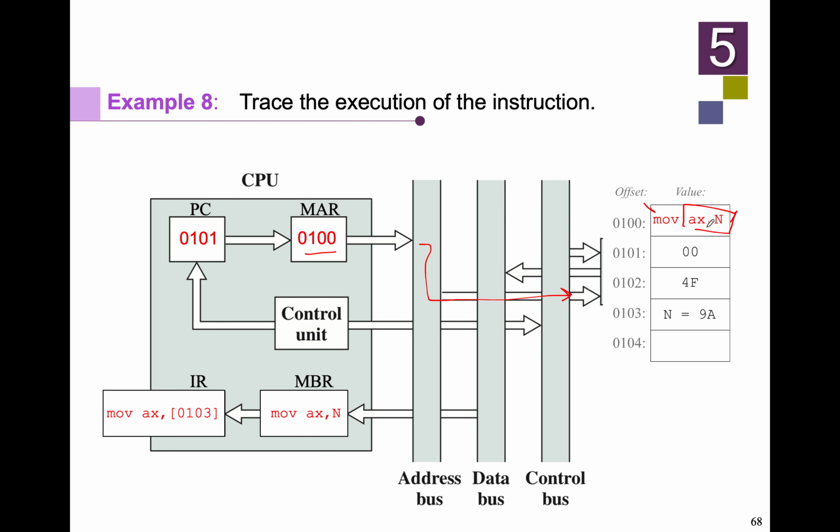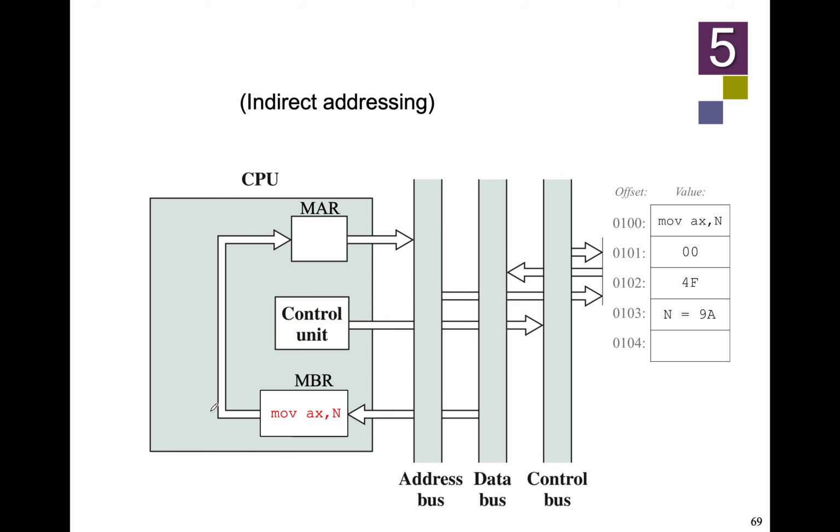So over here, let's say you have 103. You can see N at 103, this is the value of N. You will put it into your IR. So if it's indirect addressing, it's much simpler.